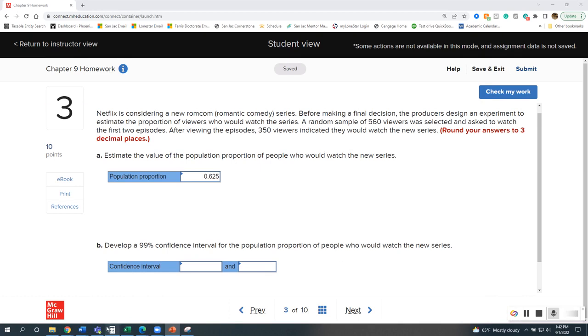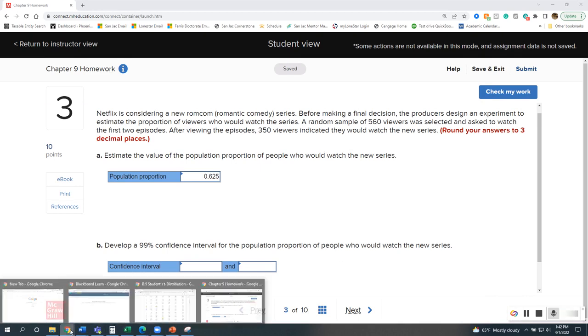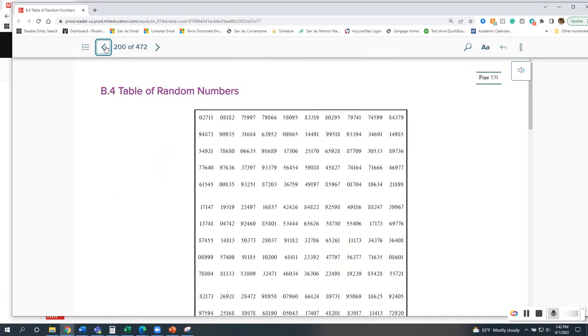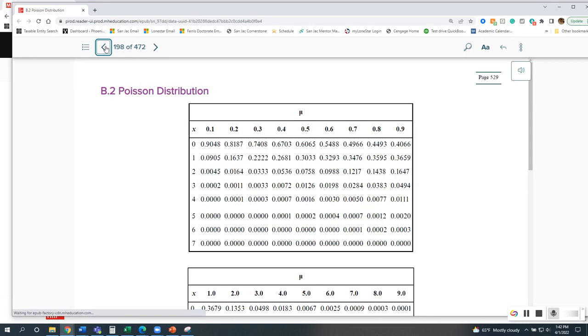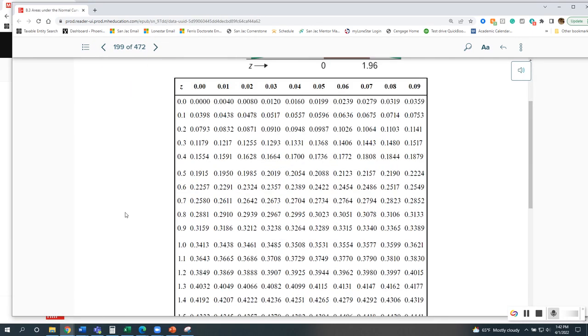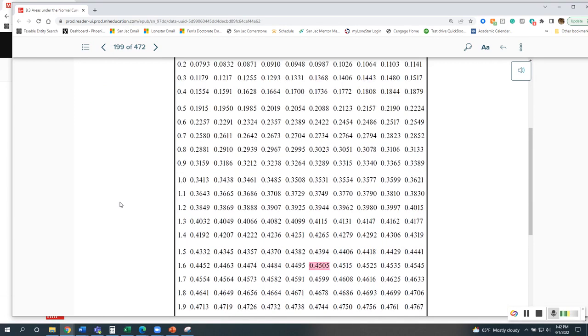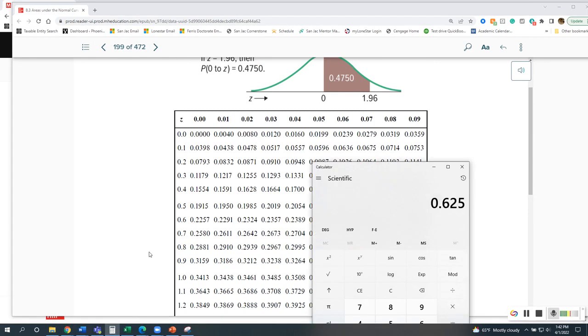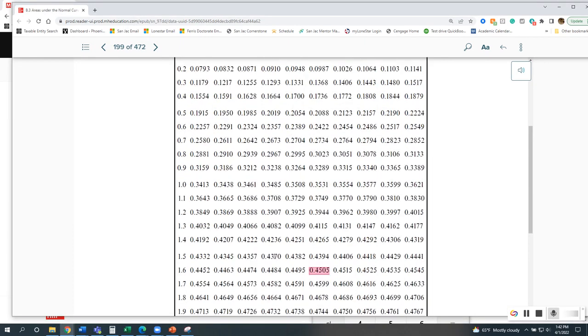So back to our charts. We're going to be looking up the 99% z value. So calculator, 0.99 divided by 2. We're going to look for 0.495.